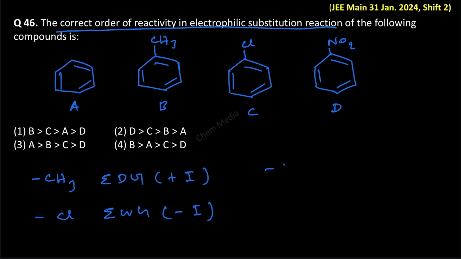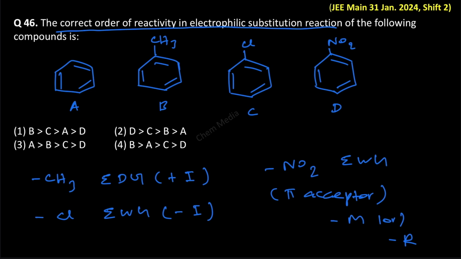And we also know that NO2 is a strong electron withdrawing group, and NO2 is a pi acceptor. So keeping these things in mind, let's work on this. So therefore, in nitrobenzene we will have negative mesomeric effect or minus R effect.